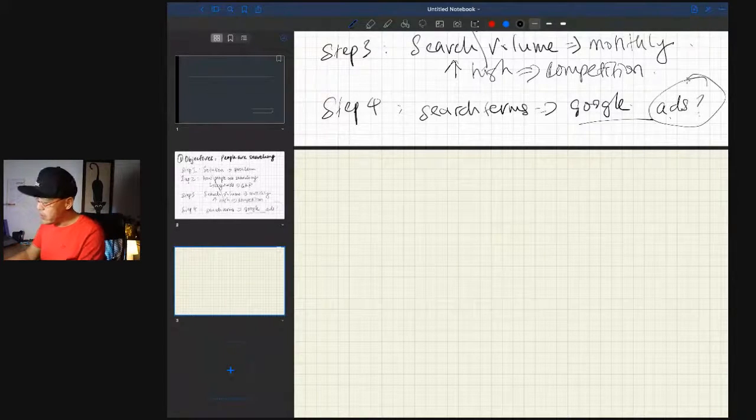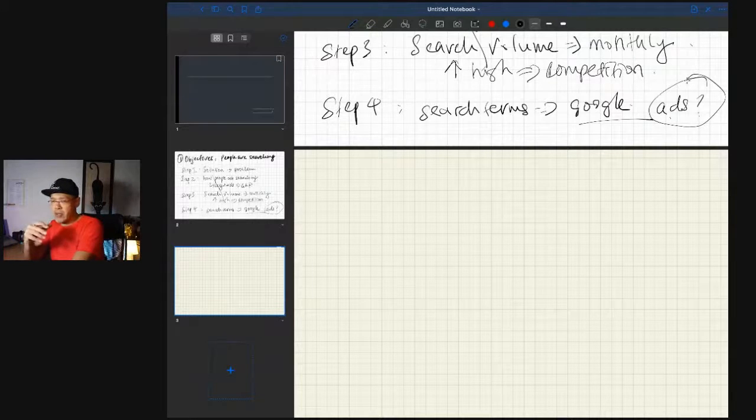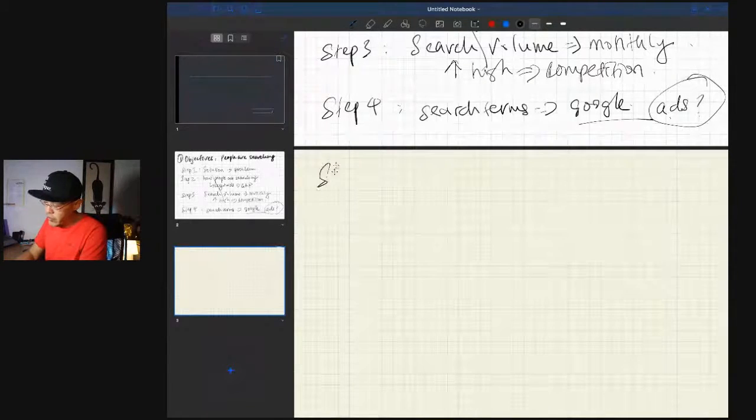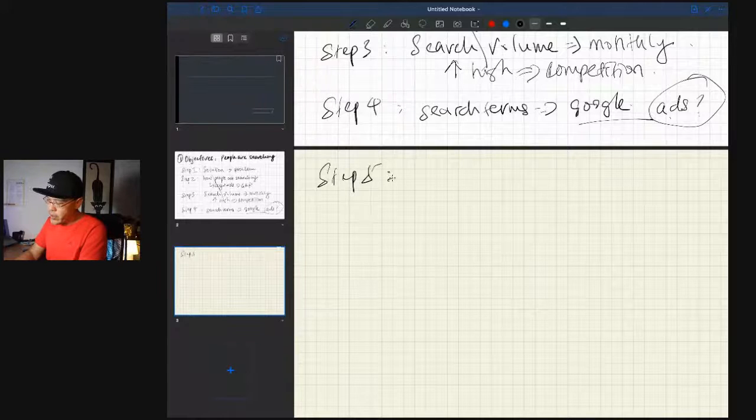Are there ads? If there are ads, then it means that there is some level of competition. There are people who are wanting to take a piece of the pie itself. The next step really is for you to determine how intense the competition is.